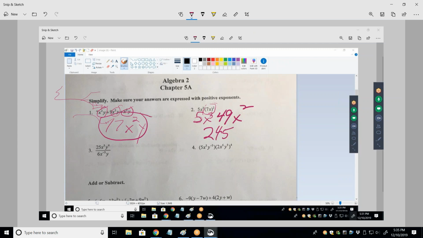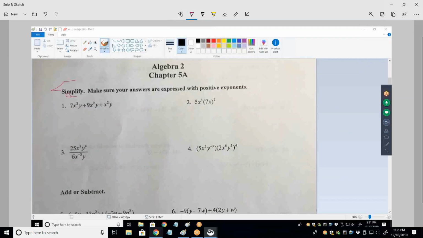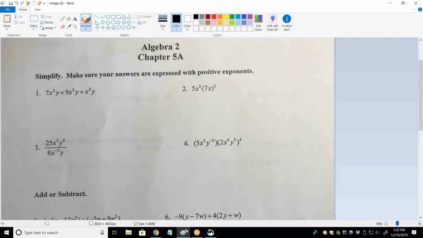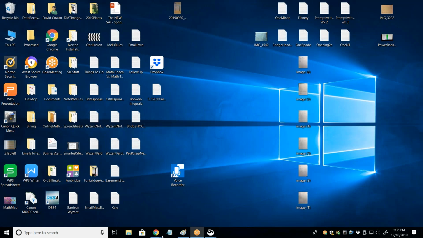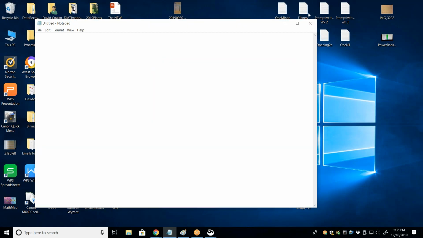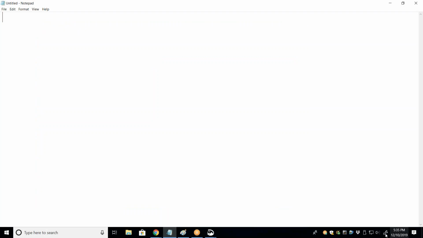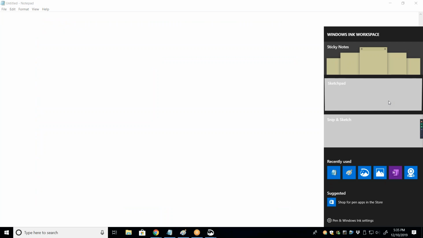All right, let's go over it. Rules of exponents are extremely important. Okay, so let's just go over them. If I have x to the a times x to the b, what is that equal to?